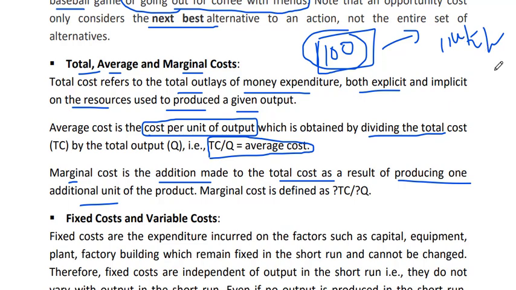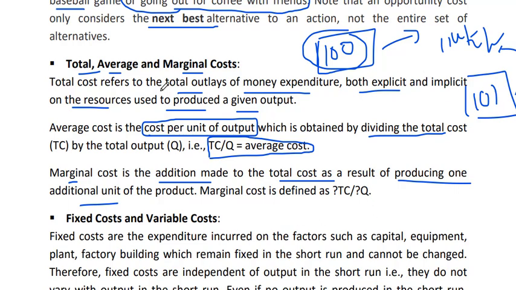So marginal cost is, if I have to make a 101st product, I add one extra product, then how much is my total cost increasing? So it's called marginal cost.